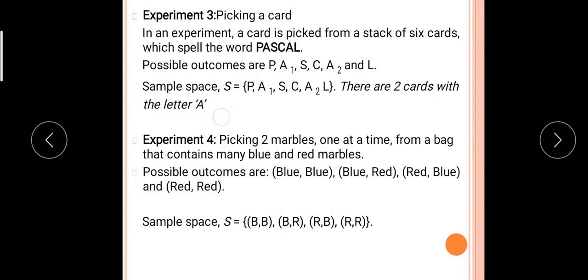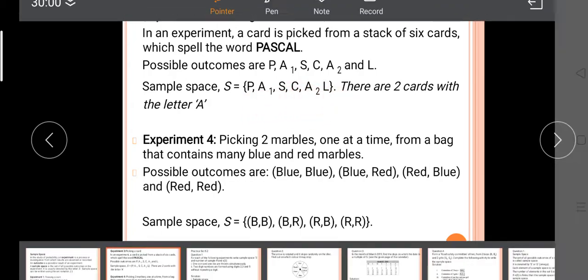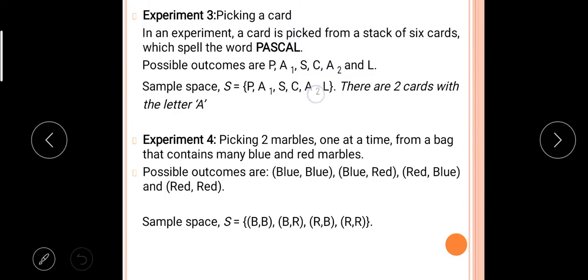Therefore, for picking a card from the word PASCAL, the sample space is S equals {P, A1, S, C, A2, L}, separated by commas. It is compulsory to separate with commas.